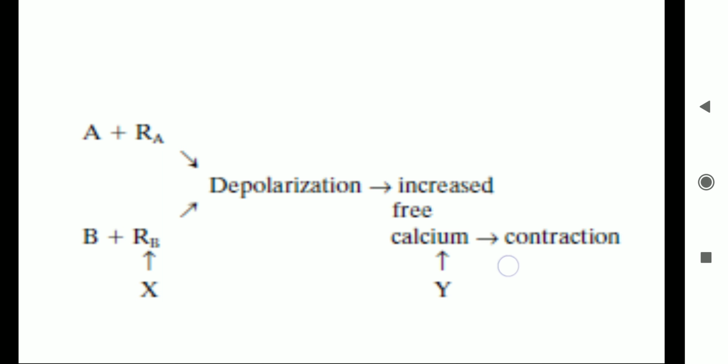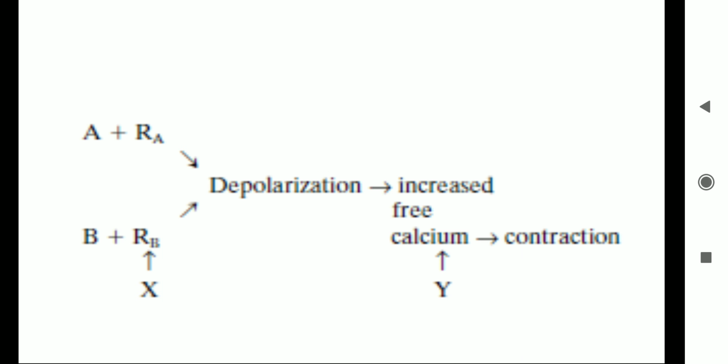Because of the antagonist Y, the contraction is not occurring, even though X is coming here and working, but because of the presence of Y, the contraction has stopped. So this is how non-competitive antagonism works.